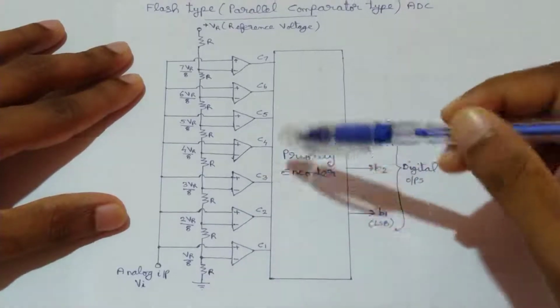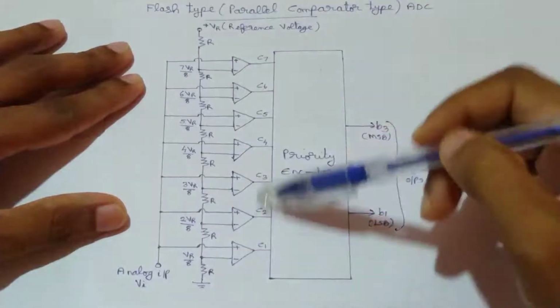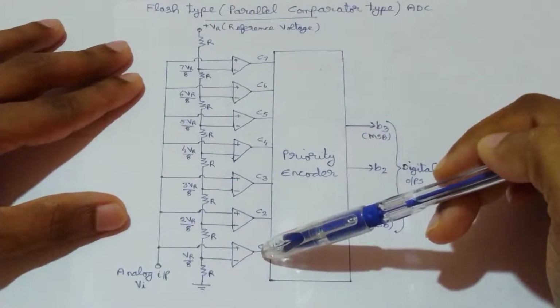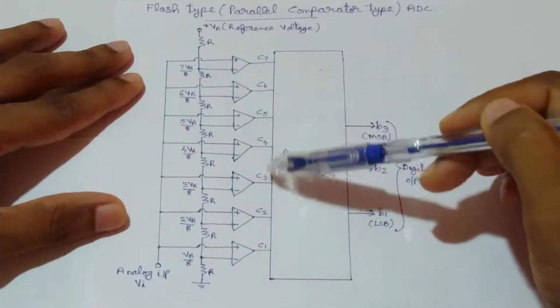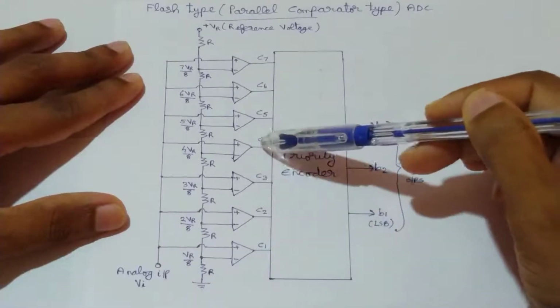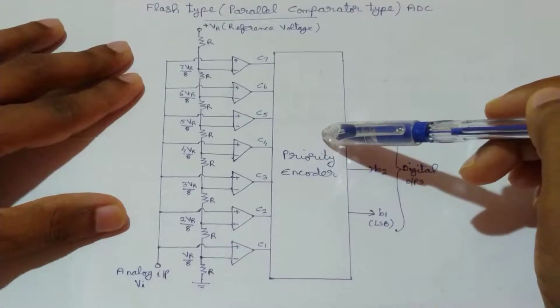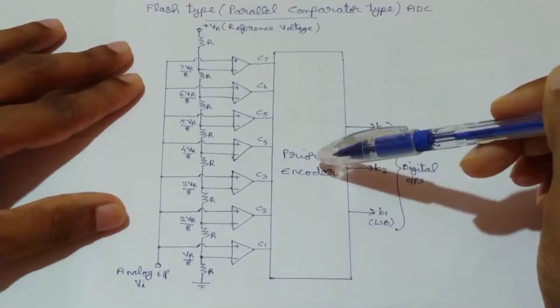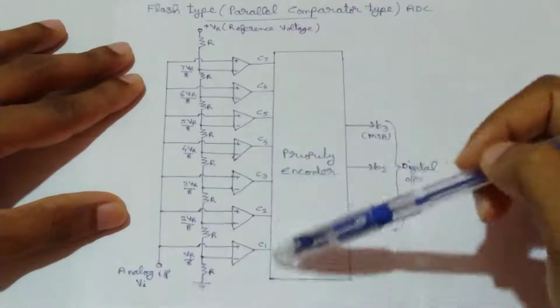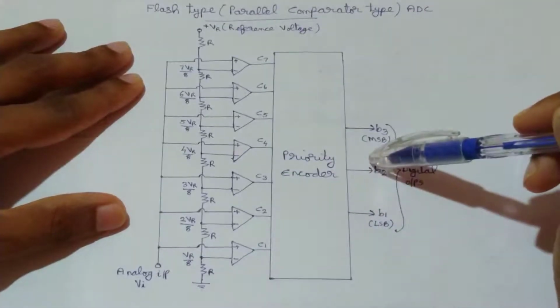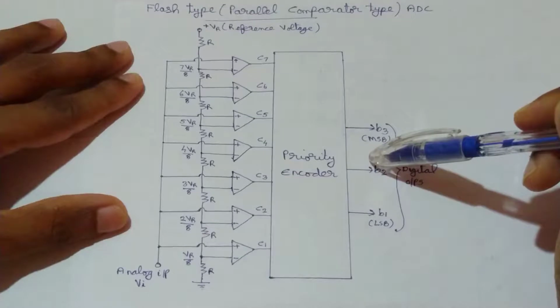Okay, so the output of all of the 7 comparators are at logic 0 level. So that value 0 0 0 0 0 0 0 is applied to the priority encoder. Then this priority encoder will convert that data to the corresponding binary output.